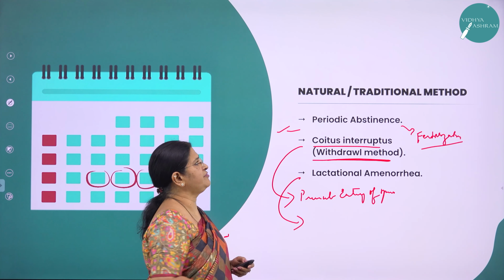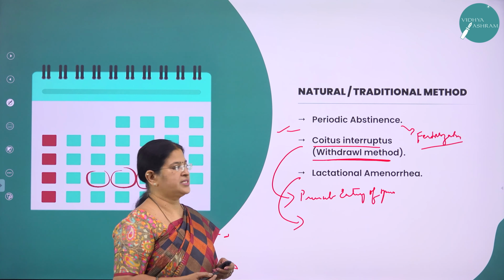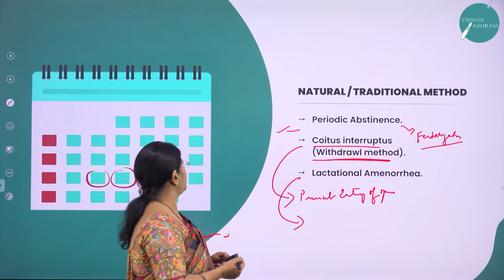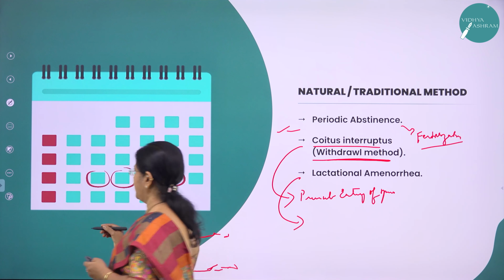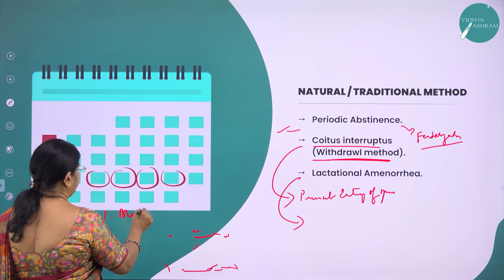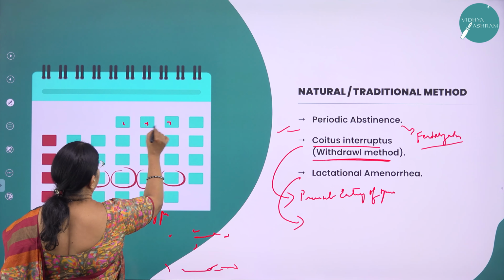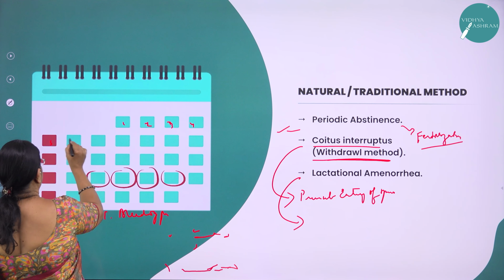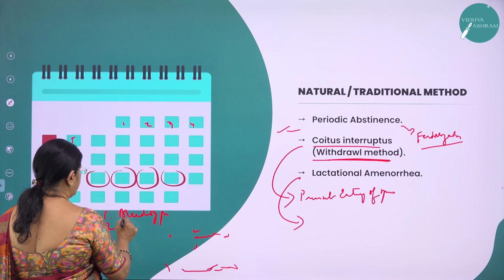So these three are the very important natural methods, or otherwise called traditional methods. The periodic abstinence, as I already explained, is based on the calendar method. One is called the bleeding period, which is the first 5 days: 1, 2, 3, 4, 5, five days, right? Next, what is the second period? It is called the safe period.